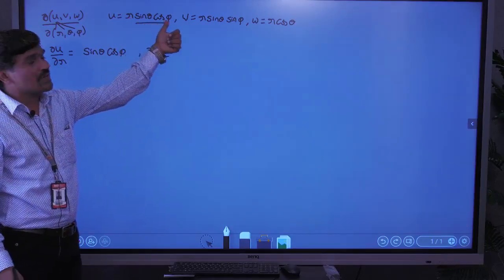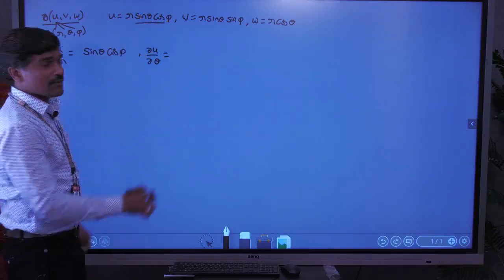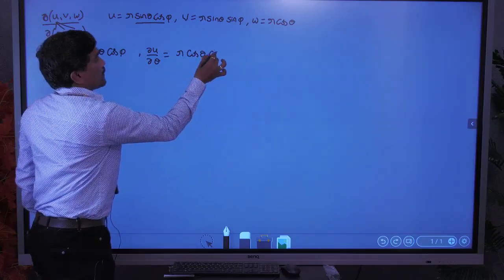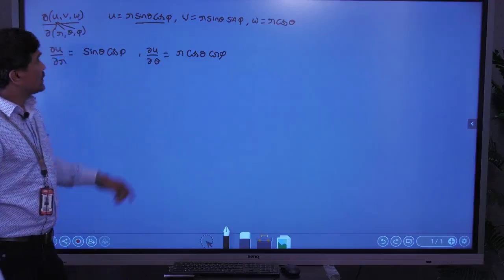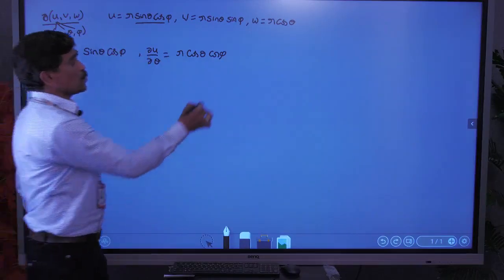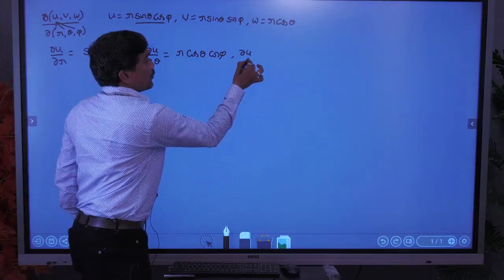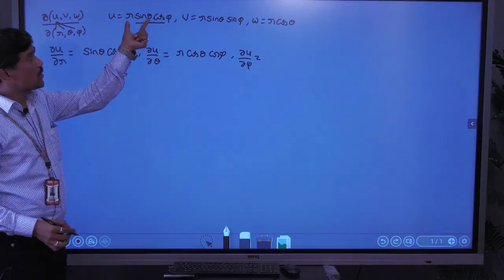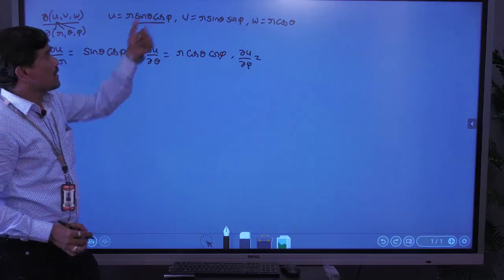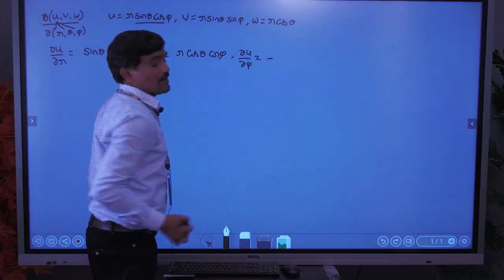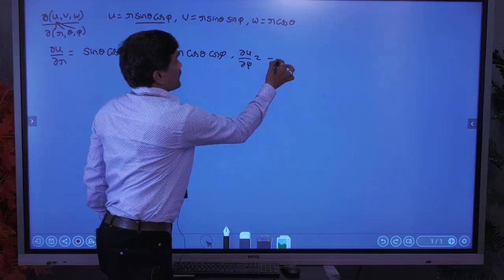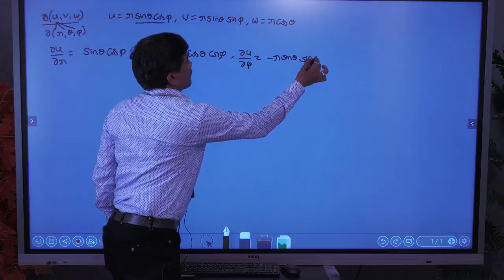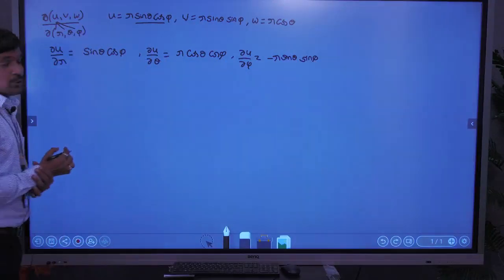The derivative of sin θ is cos θ, so we get r cos θ cos φ. Then with respect to φ, ∂u/∂φ: the constant is r sin θ, and the derivative of cos φ is minus sin φ. So we get minus r sin θ sin φ, right? So this is for u.